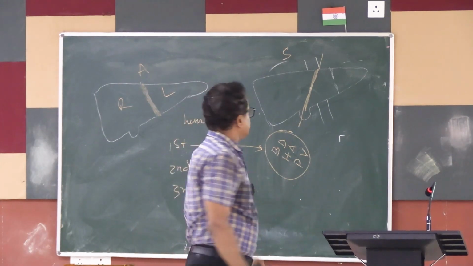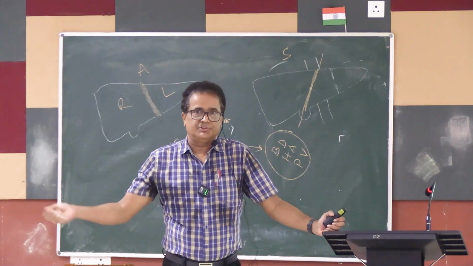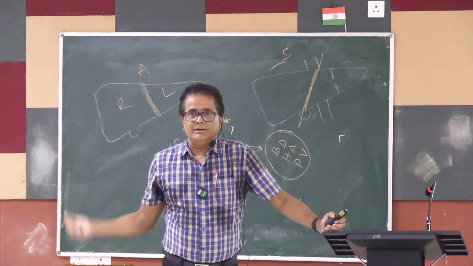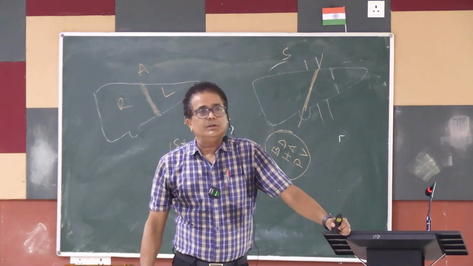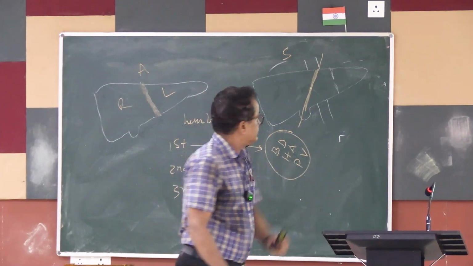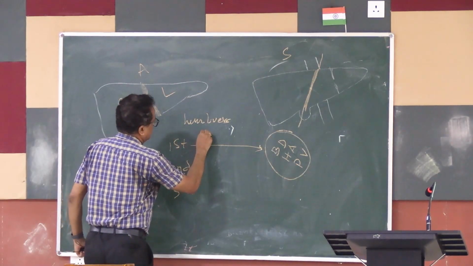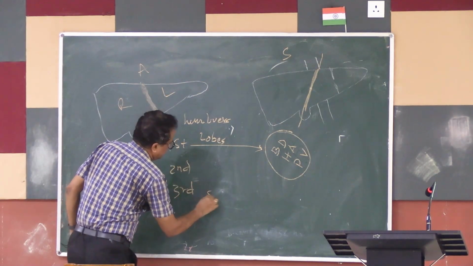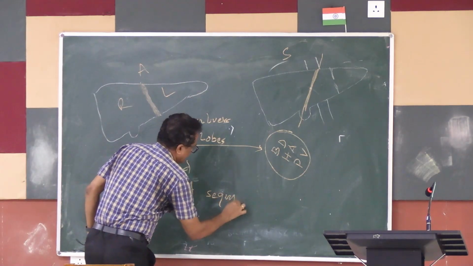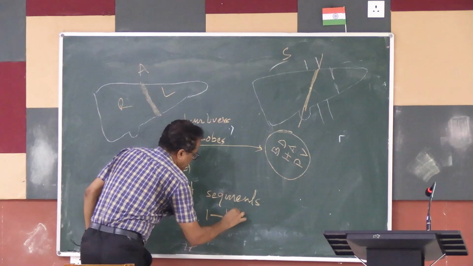Theoretically speaking, if I divide the liver into 8 parts, which we actually do in surgery, ultimately the third division that I have written, there we go into something called segments. So the first is called lobes, and the third is called the segments. They are from 1 to 8.